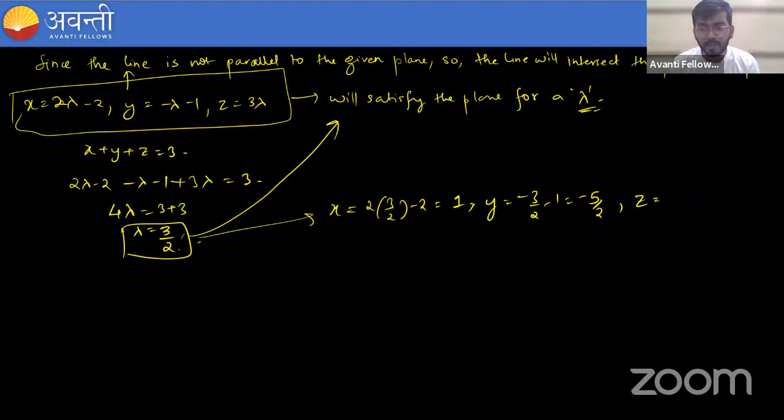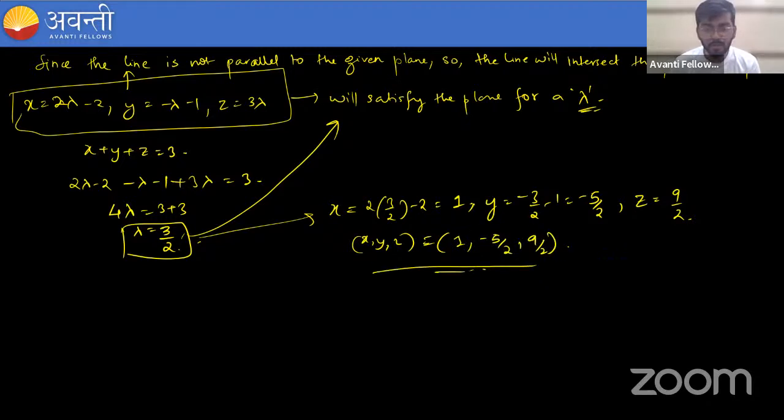And z will be 3 into 3 by 2, which is 9 by 2. So the point for which the line satisfies the given plane is 1, minus 5 by 2, 9 by 2.